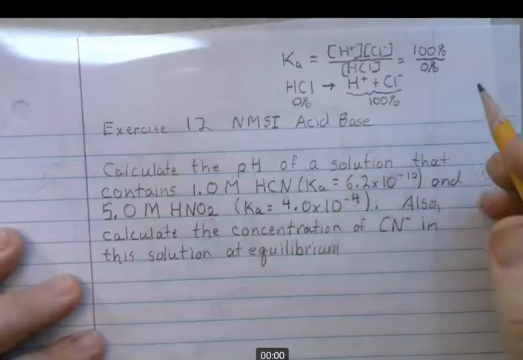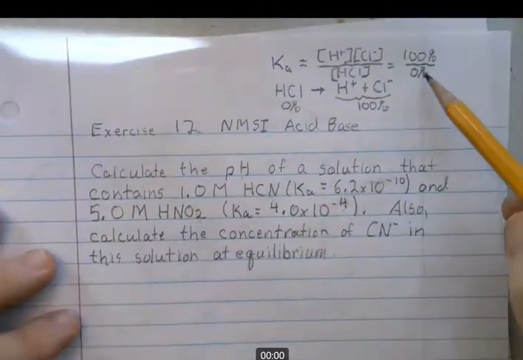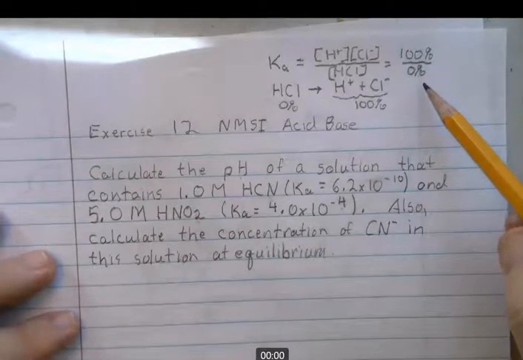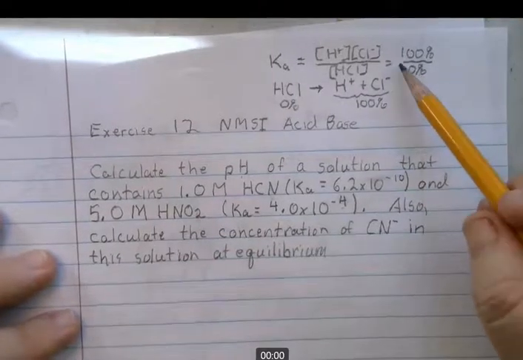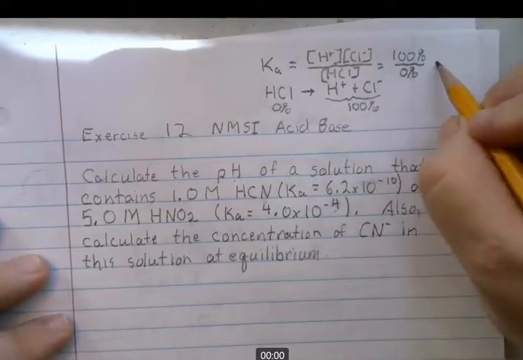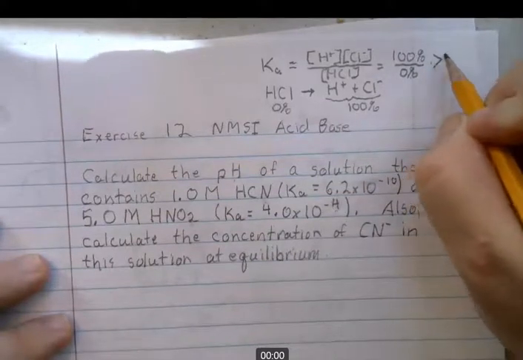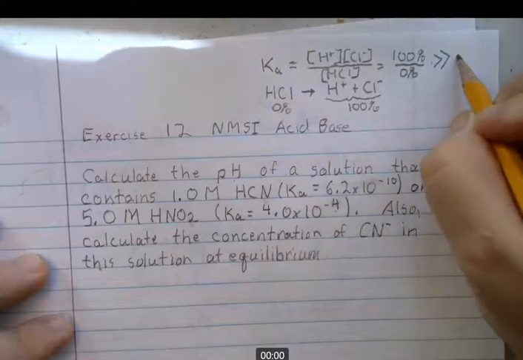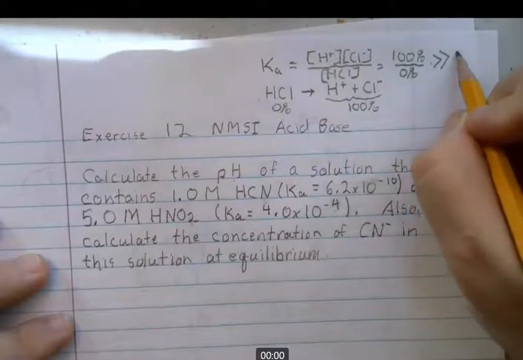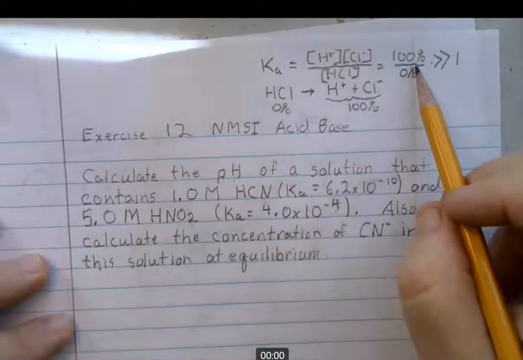Well, wait a minute. You know from math from a long time ago, you can't have 0 in the denominator of a fraction. What does that mean? That means effectively this Ka is much, much greater than 1. It's a super duper big number.